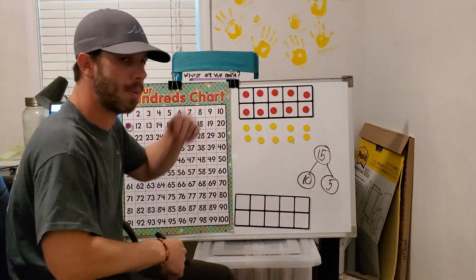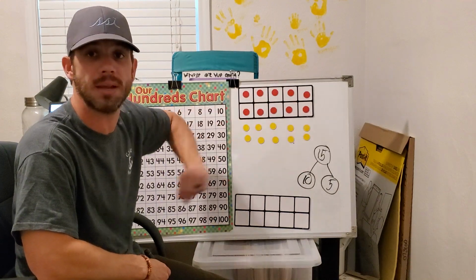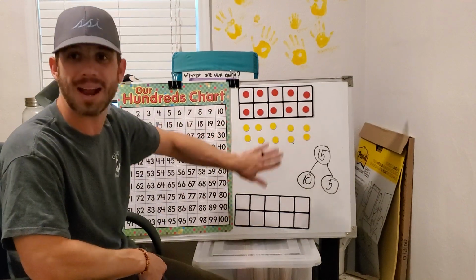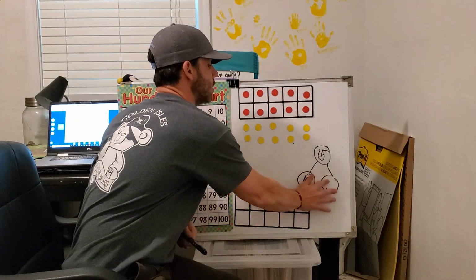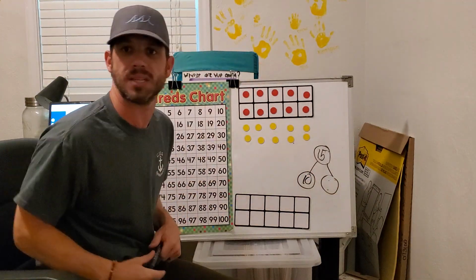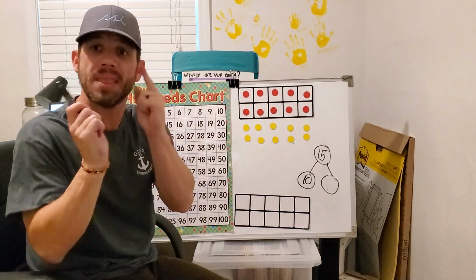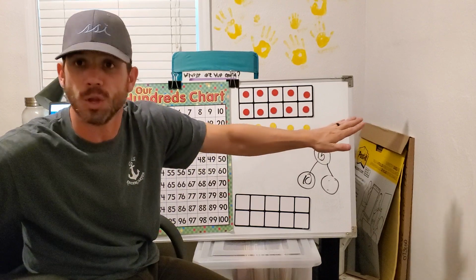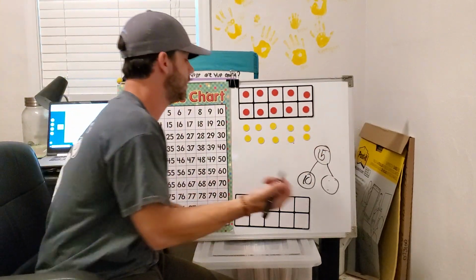Now, what are my parts, though? I have 10 up here in the 10 frame. I have 10 down here outside of the 10 frame. But does that change the number just because it's outside of a 10 frame? No. 5 on top is 5 on the bottom. That is 10 no matter how you've got them. 5 and 5 will always make 10.